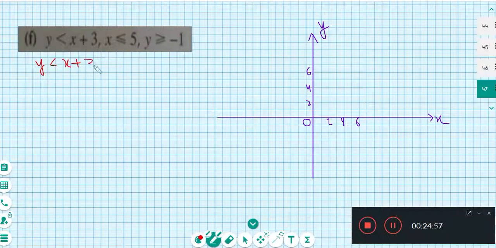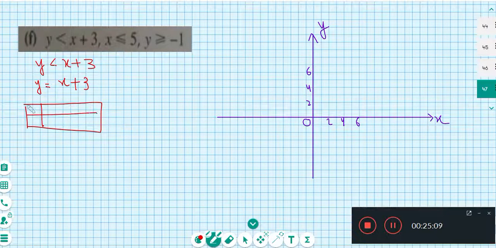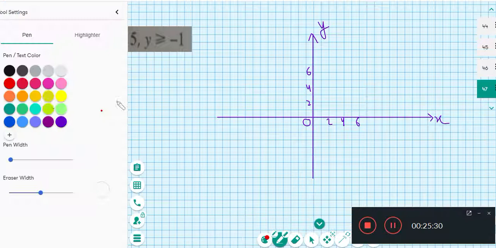So this is x equal to 5, x is less than or equal to 5. The third line is y is greater than or equal to -1.